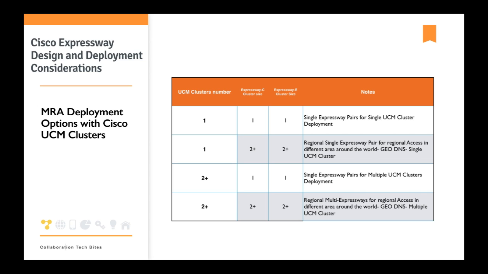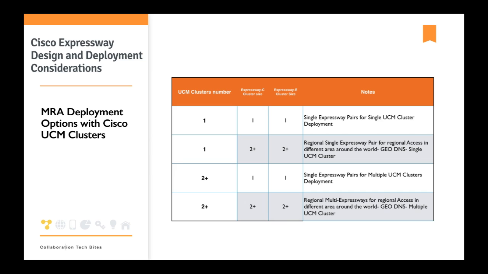If you want, for example, you have one single UCM cluster, but you have several Expressway C clusters that are located in several regions around the world, but eventually all of those clusters will serve one single UCM.